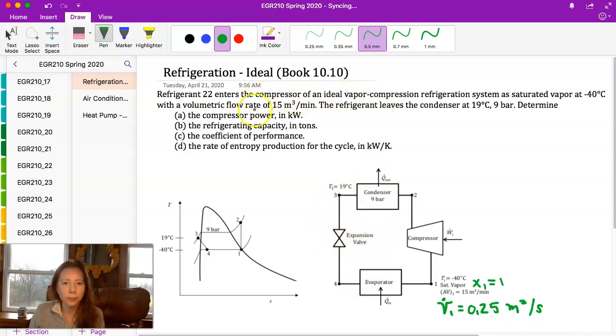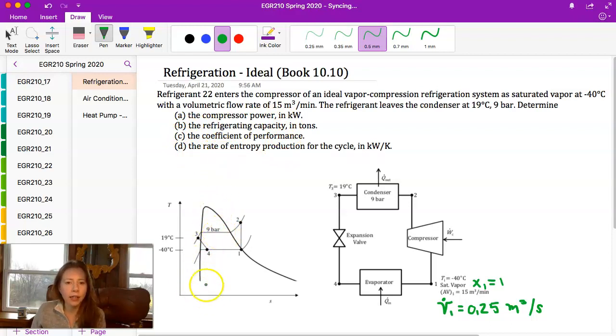So first, it says determine the compressor power in kilowatts, the power going into the compressor, the refrigerating capacity in tons, the coefficient of performance, which remember is beta for our refrigeration cycle, and the rate of entropy production.